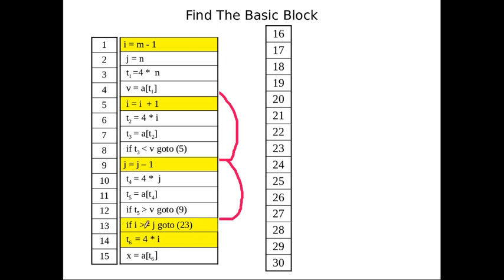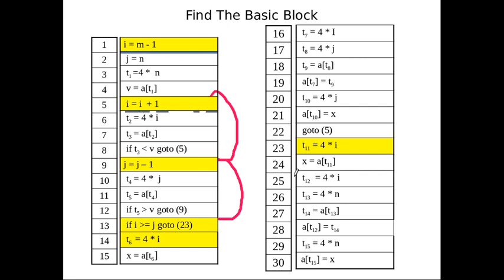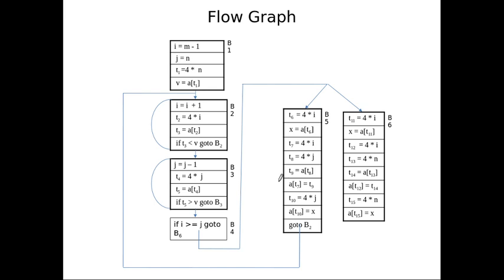From block 4 it gives flow to 23, in the sense block 6. Now observe this. Block 4's last statement goes to block 6. And what about the last statement of block 5? Nothing but 22, go to 5, in the sense block 2.